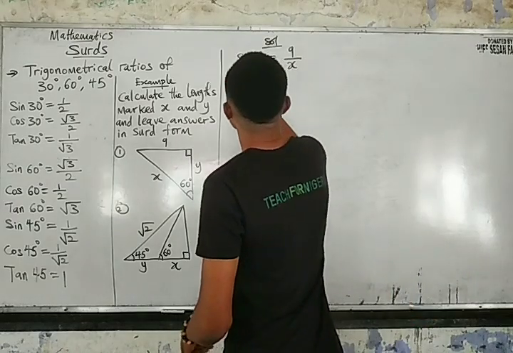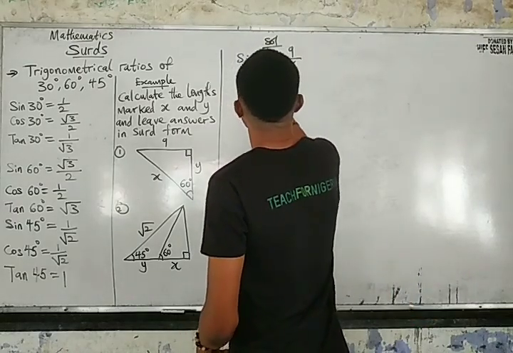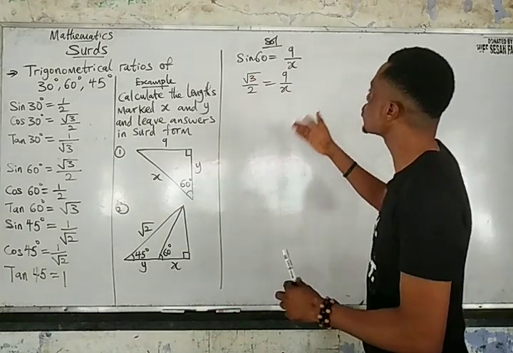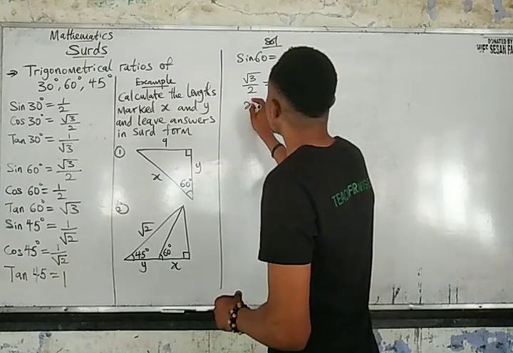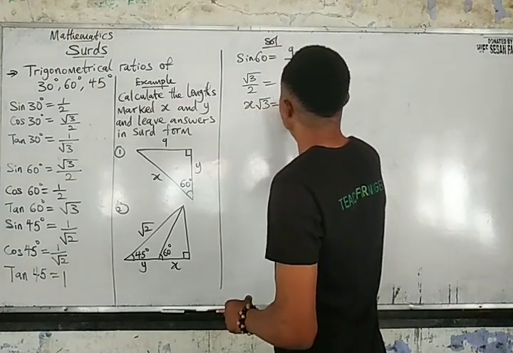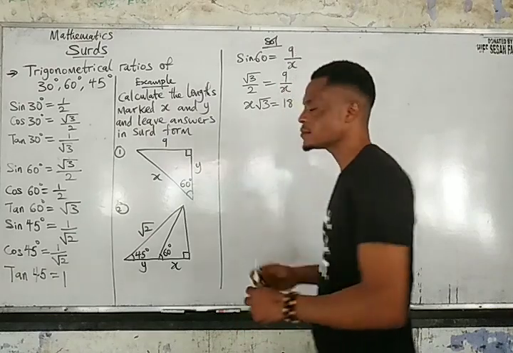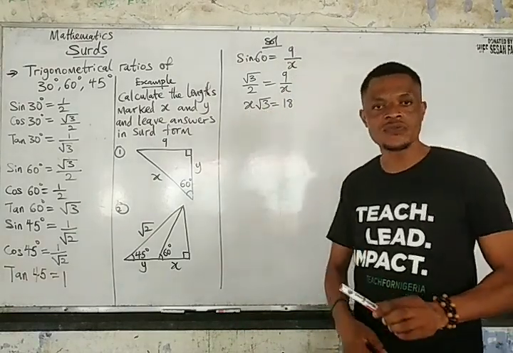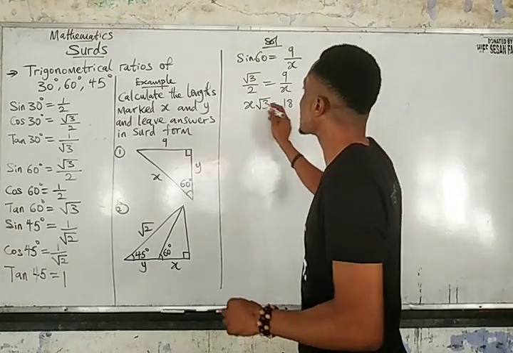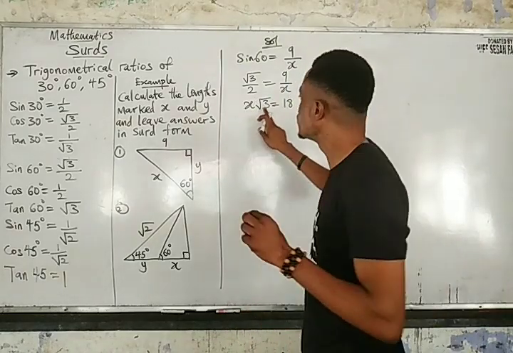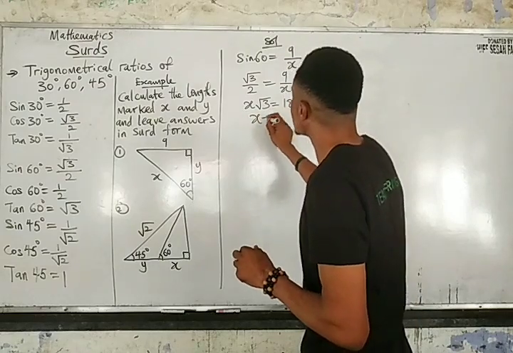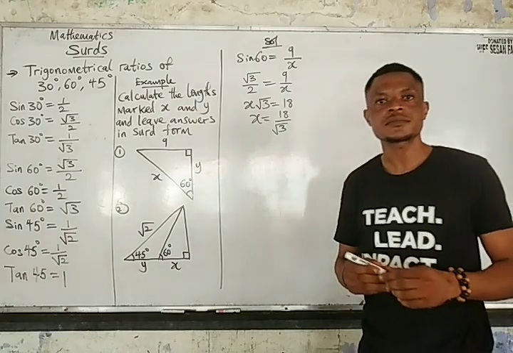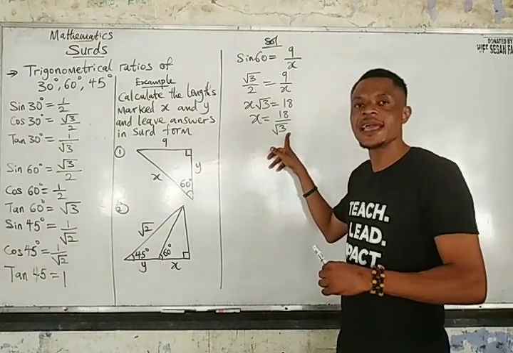So we are going to have root 3 all over 2 equal to 9 all over x. When you cross multiply here, we have x root 3 equals 18. But we are basically trying to make x the subject of the formula. So by the time we divide both sides by the coefficient of x, which is root 3, we have x equal to 18 all over root 3. We cannot leave our answer like this.